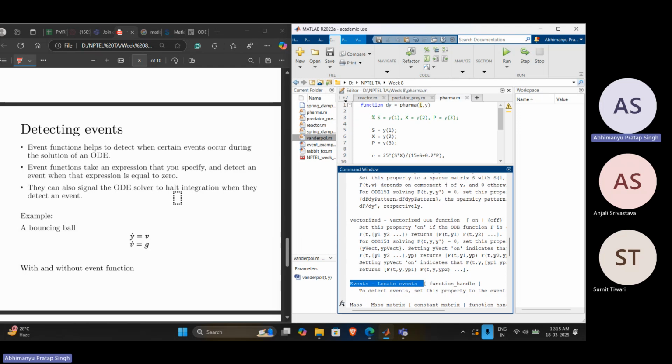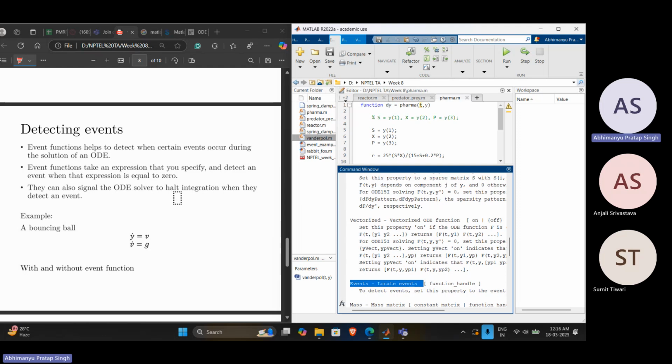Suppose you have some chemical reaction simulation running, and you want the simulation to stop when a certain chemical concentration reaches a certain value, right?